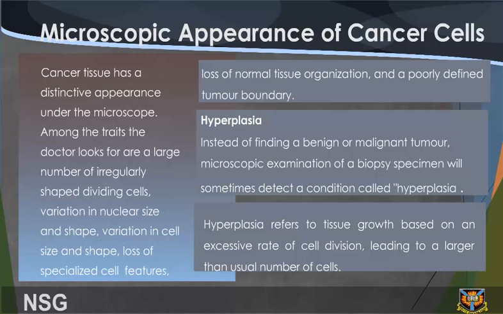Microscopic appearance of cancer cells. Cancer tissue has a distinctive appearance under the microscope.